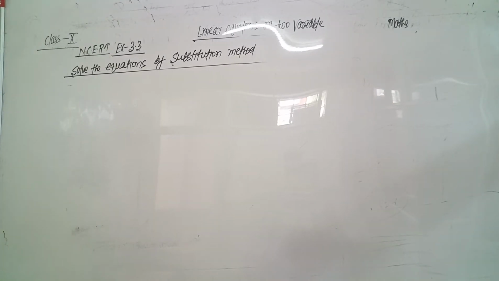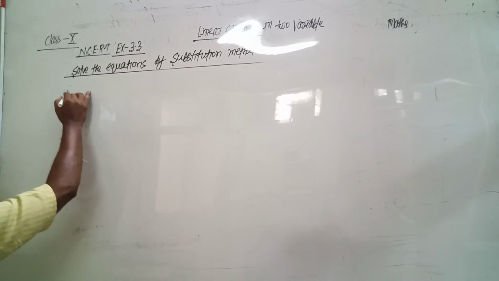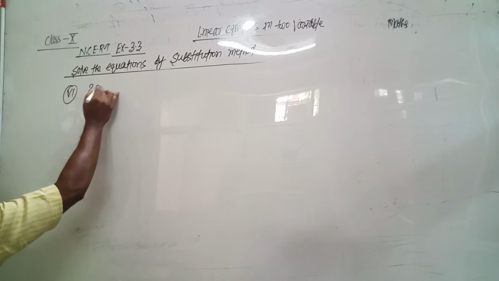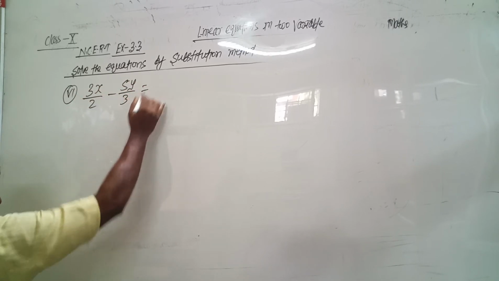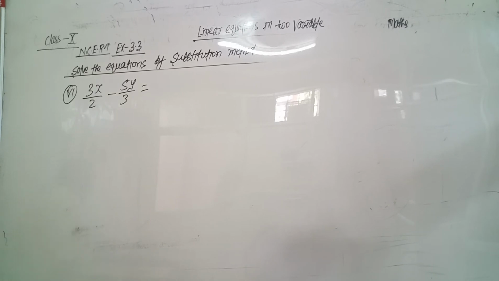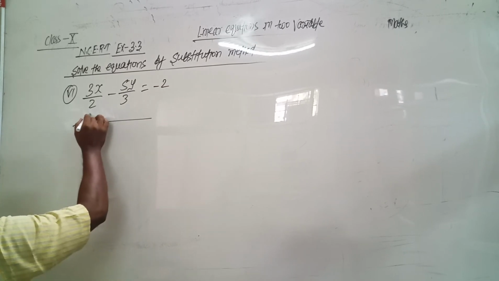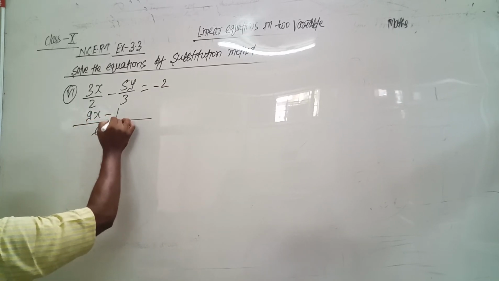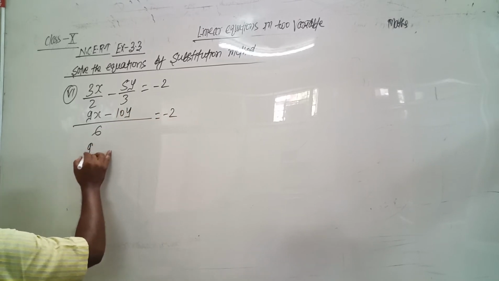See question number 6, 3x by 2 minus 5y by 3 equals minus 2. So we take LCM 6, this comes 9x minus 10y equals minus 2, and do cross multiplication.